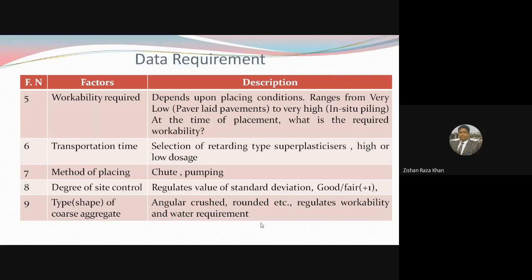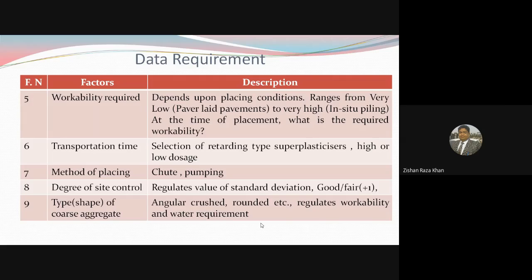Now the next important factor is the method of placing. The most common methods are chute placement or pumping. If you are placing concrete at ground level or below ground level, a chute may be useful, and you can pour the concrete directly using a chute.